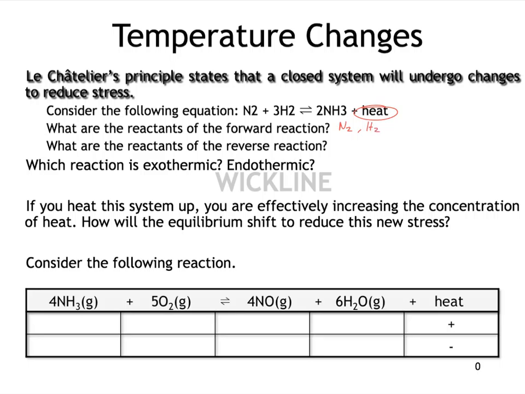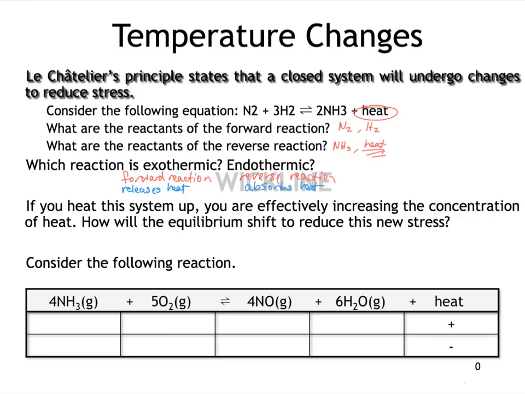And the reactants for the reverse reaction are, of course, ammonia and heat. Now, heat is not typically a reactant, but in this case, we're treating it as one. So the reaction that's exothermic is going to be the one that releases heat, and that, of course, is the forward reaction. The endothermic reaction is the one that absorbs heat, which, of course, is the reverse reaction.